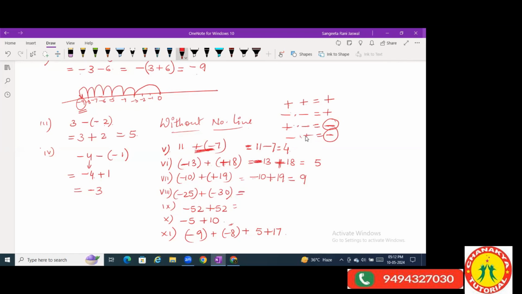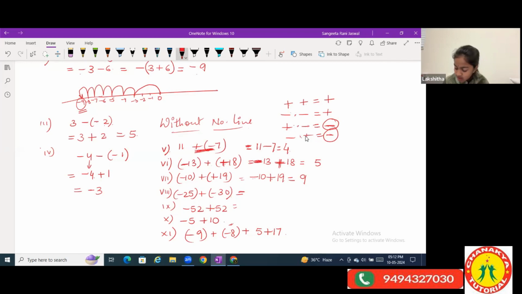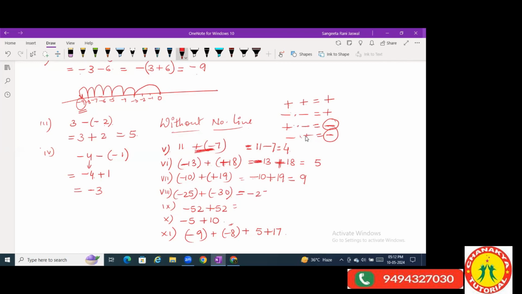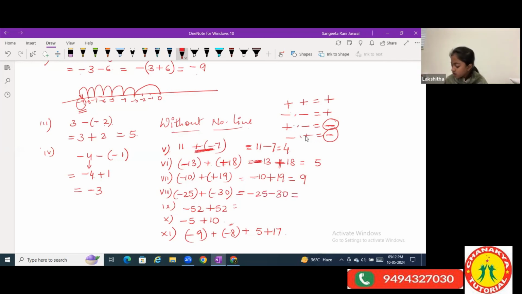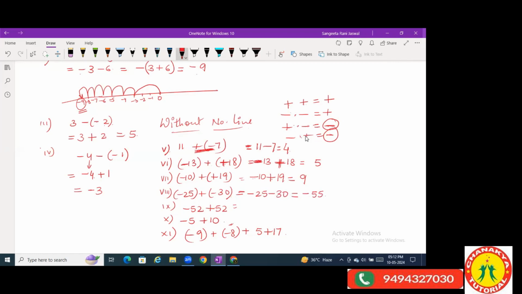Lakshita, you tell me the next one. Minus 25 minus 30 is equal to minus 55. Right? So what do we do in this case? We have taken the negative sign out and we added the two numbers.